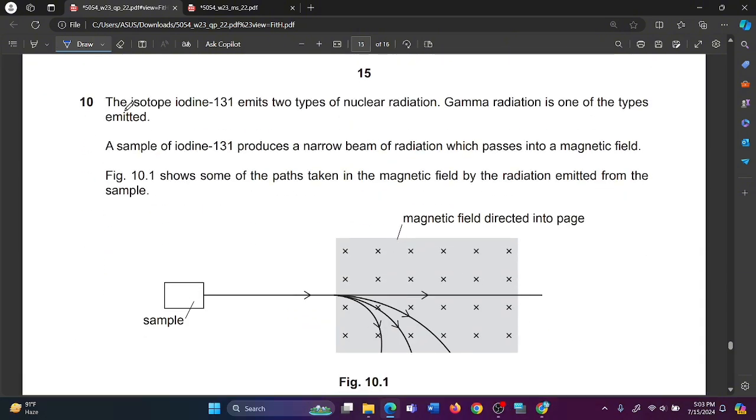Question 10 says that the isotope iodine-131, where 131 is the mass number, emits two types of nuclear radiation. Gamma radiation is one of the types emitted. A sample of iodine-131 produces a narrow beam of radiation which passes into a magnetic field. Figure 10.1 shows some of the paths taken in the magnetic field by the radiation emitted from the sample.